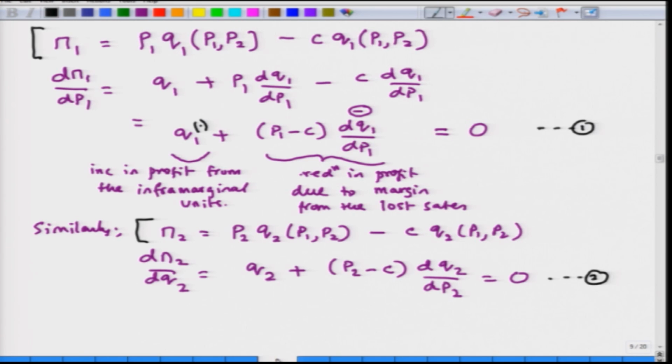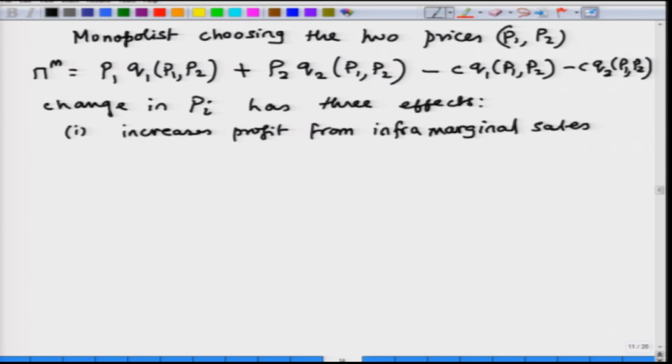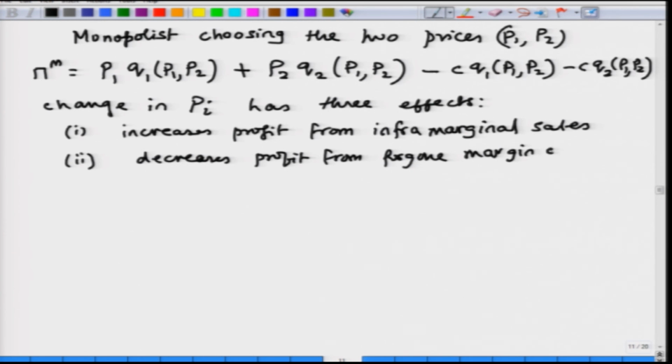So, an increase in Pi leads to an increase in profit from inframarginal sales. The second effect is that an increase in Pi leads to a reduction in the quantity of its own product. So, I lose the margin from the lost sales, right. So, this decreases profit from foregone margin on lost sales.